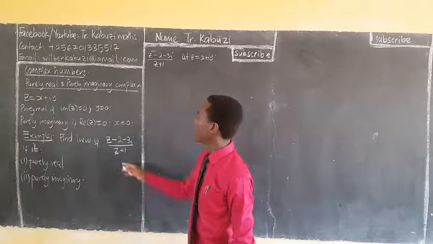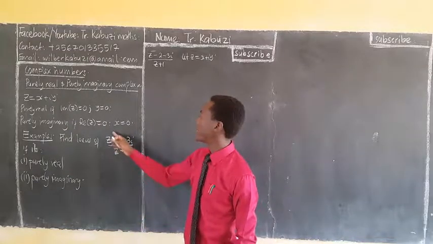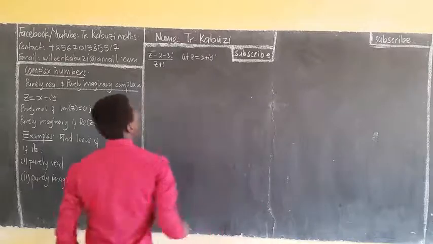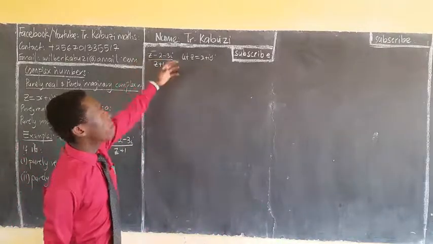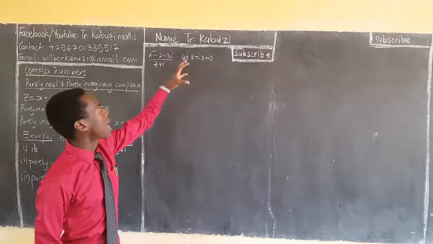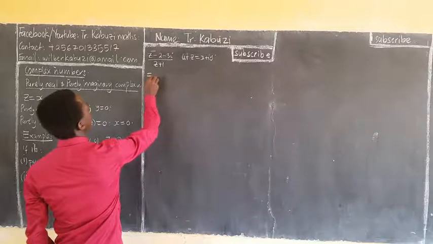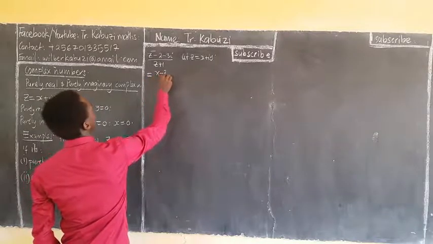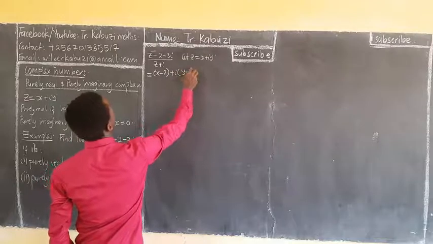What we do is express this into the real part and the imaginary part. First of all, we let z be a complex number. So from here, if I put x plus iy, I group the real alone and the imaginary alone. So this will be x minus 2, the real, plus i into y minus 3, the imaginary.